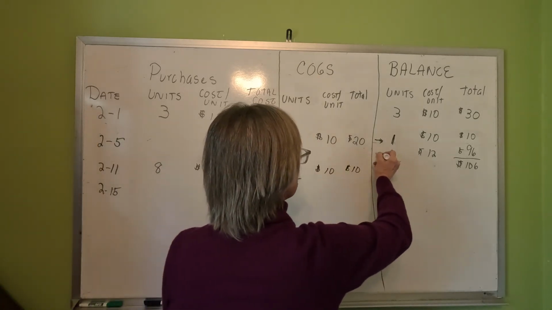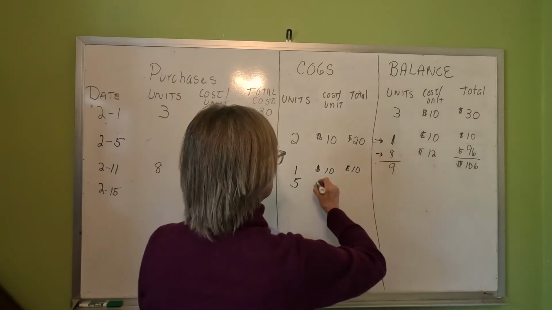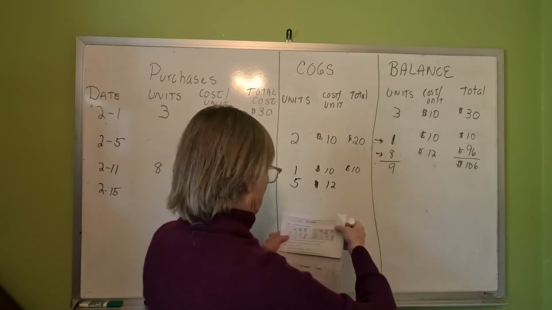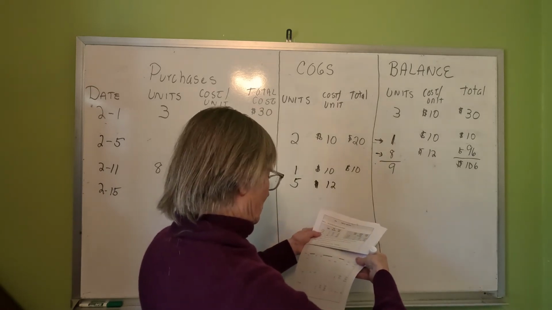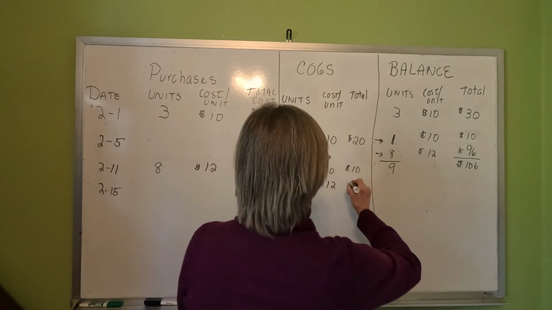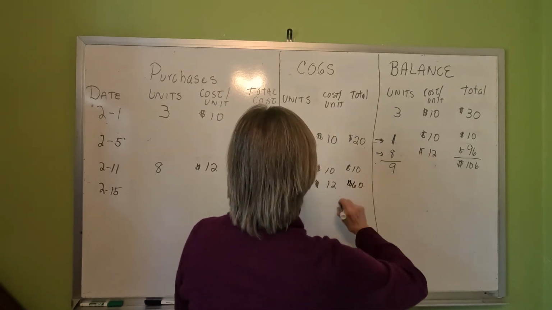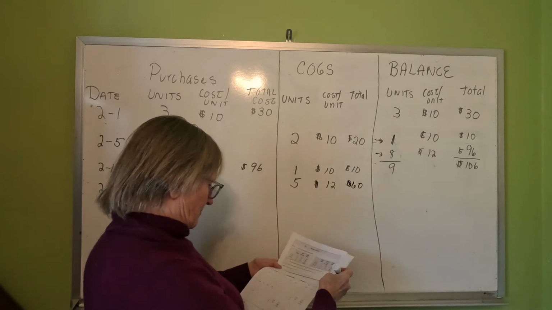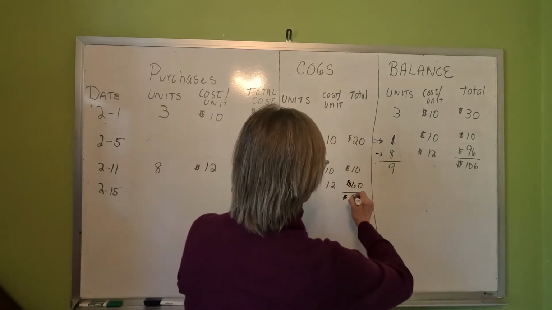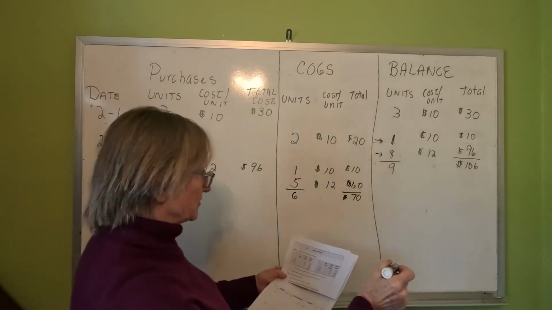The other 5 must have come from this layer. So on the 15th, we sold 5 at 12, 60. So that gives us the 6 units we sold, and we sold $70 worth of inventory.